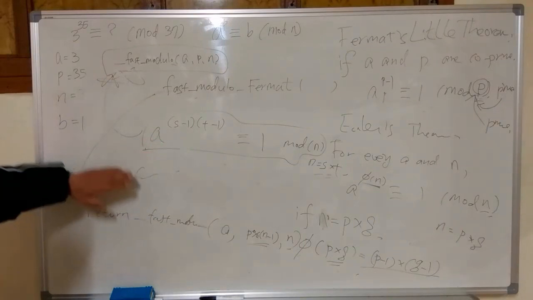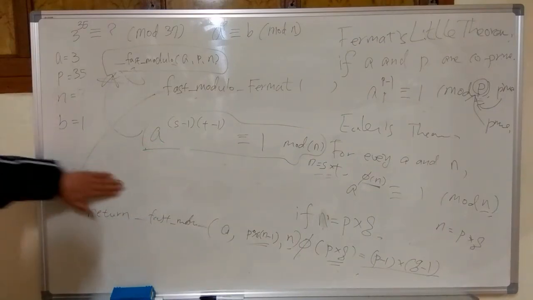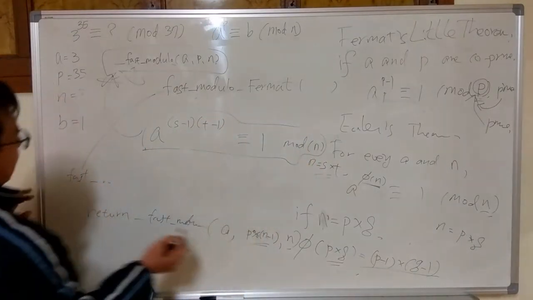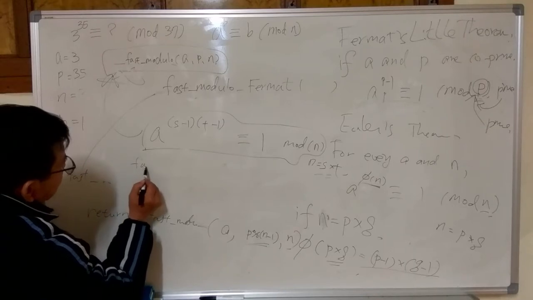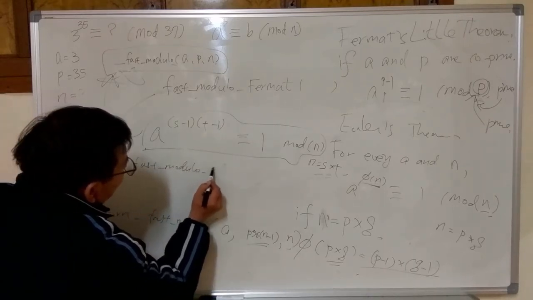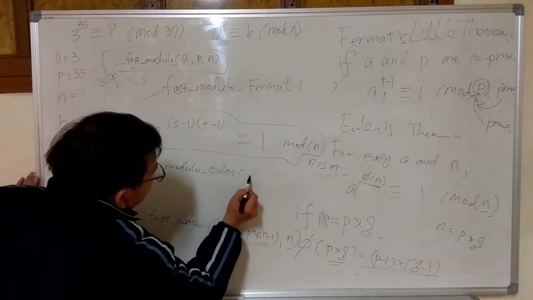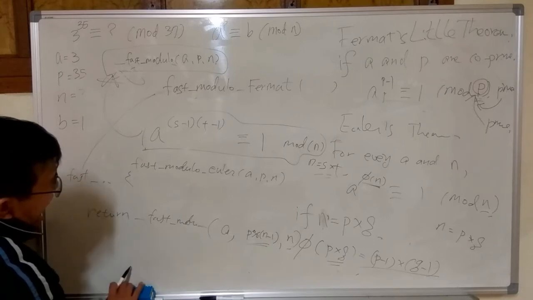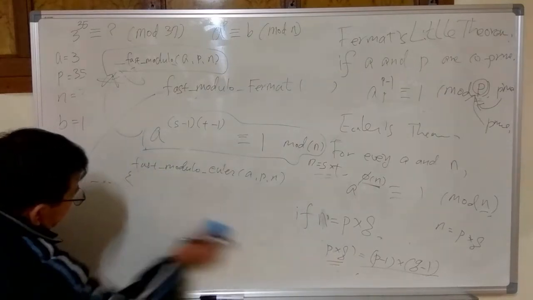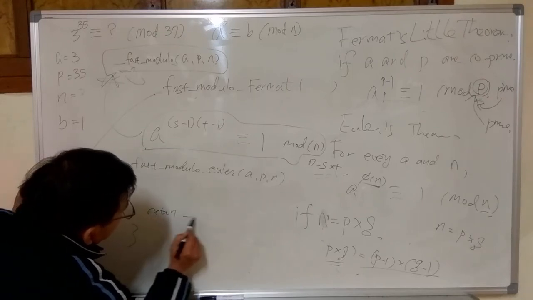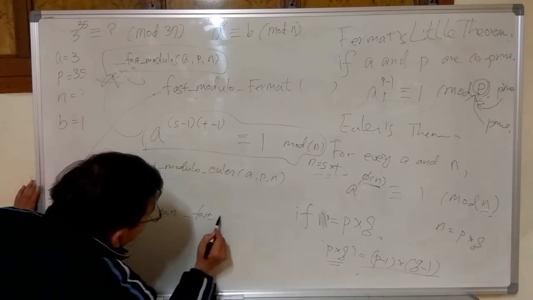Like this. Then we can make Fast Modular Euler, taking A, P, N. Then this function is very simple. Return Fast Modulo.